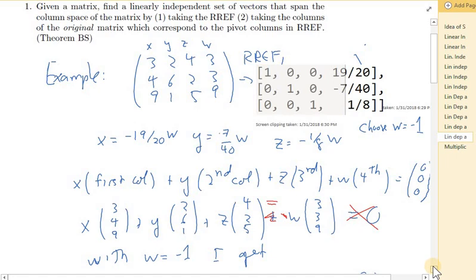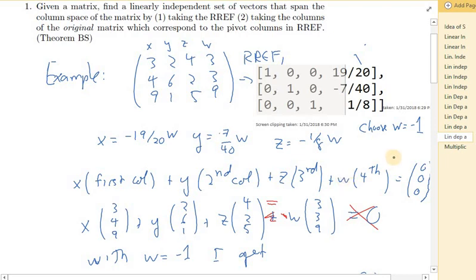And in this case, since this is a solution to the null space, we have x times the first column plus y times the second column plus z times the third column plus w times the fourth column is equal to 0, 0, 0. Now remember, I chose w equal to minus 1. So that gives me minus 1 here.